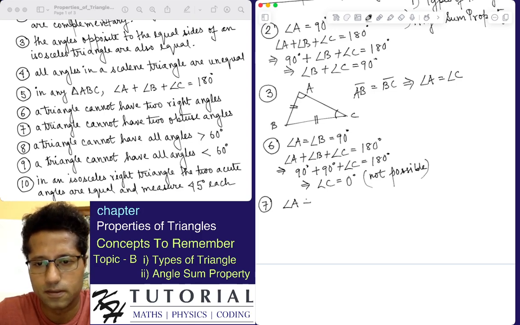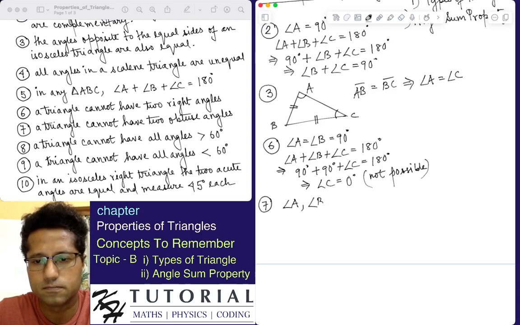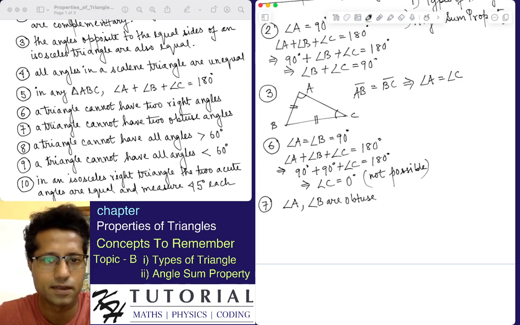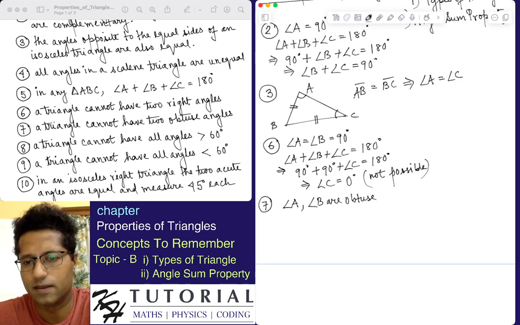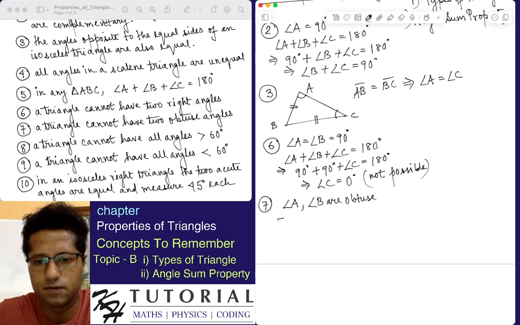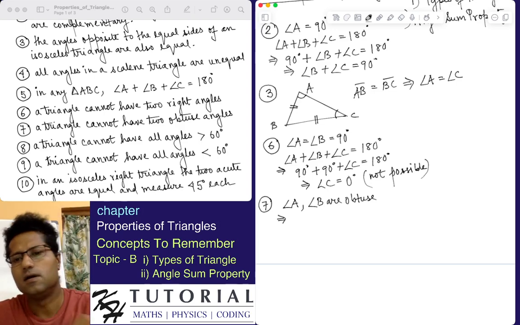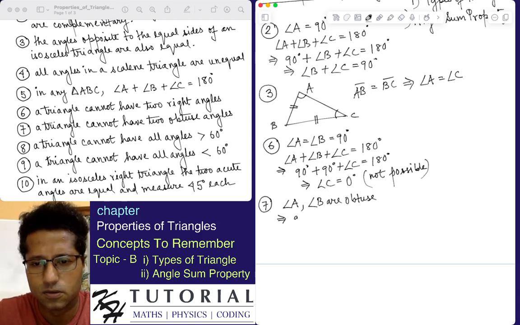Let's say A and B are obtuse. Let's verify that. If angle A and angle B are obtuse, this will imply, what is an obtuse angle? An obtuse angle is an angle which is greater than 90 degrees and less than 180 degrees. So we have this.